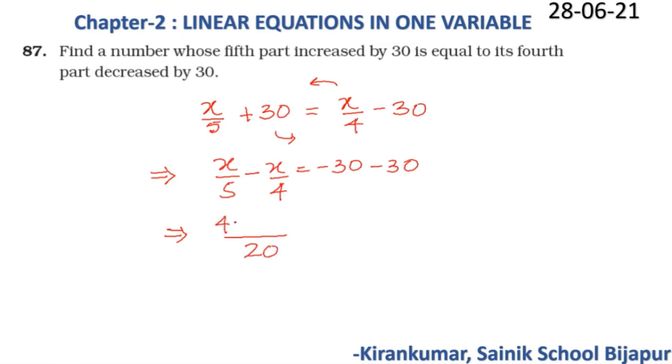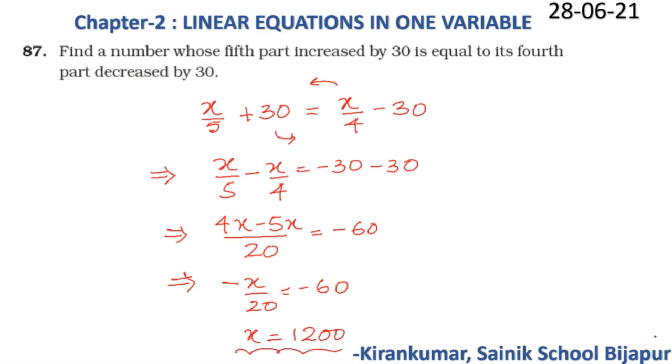So 4x minus 5x upon 20 is equal to negative 60. Hence we get negative x by 20 equal to negative 60. Therefore the value of x is positive 1200. Hence the required number is 1200.